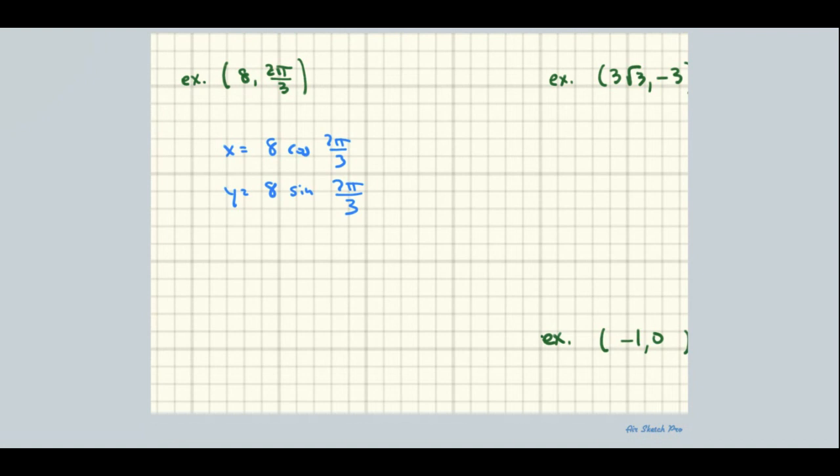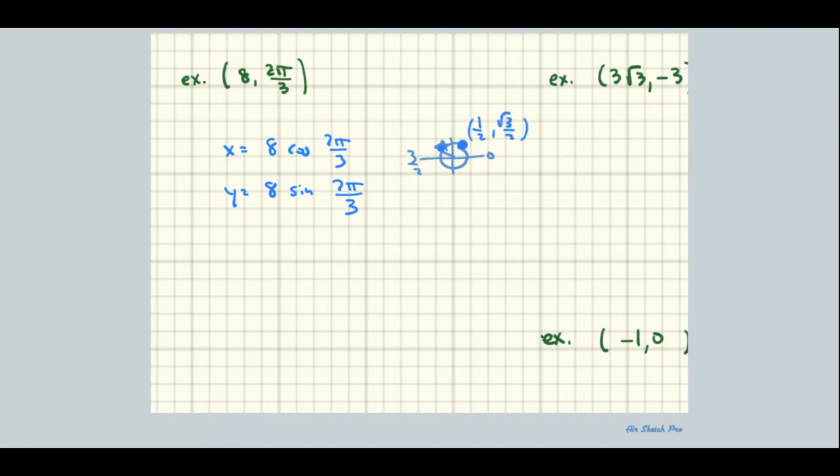Okay. And again, I've got to figure out what the angle is on this, my cosines and sines. So let me figure this out. 2 pi over 3 has the same reference angle as the last one, which is pi over 3, with cosine 1/2 and sine root 3 over 2.